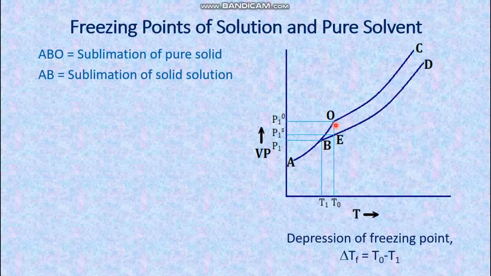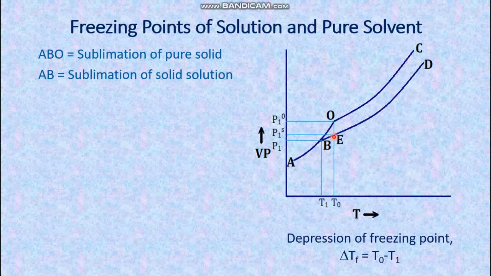That means it will solidify, and the corresponding vapor pressure decrease would be steeper. But in case of the solution at that particular temperature T0, the solution would still not freeze. It will remain in the liquid form.